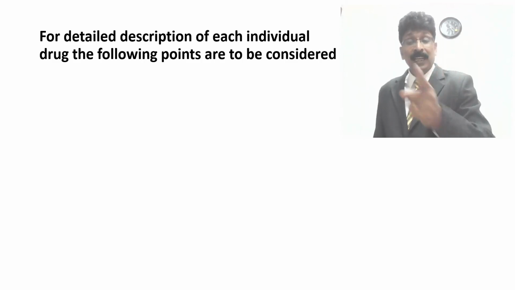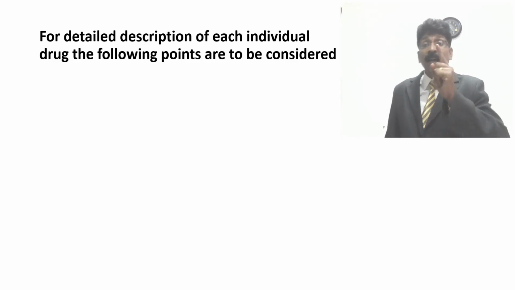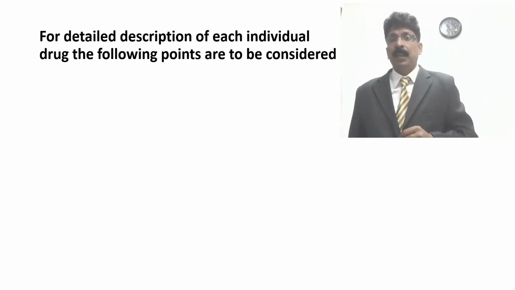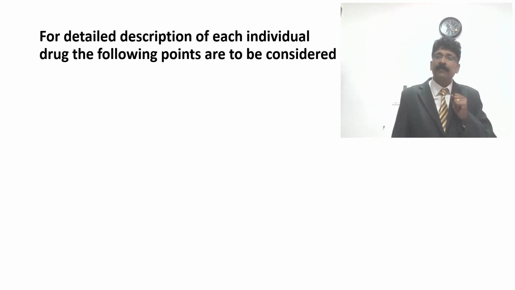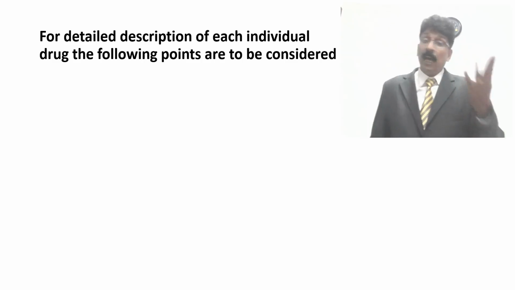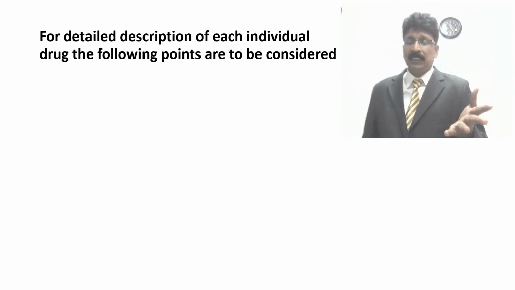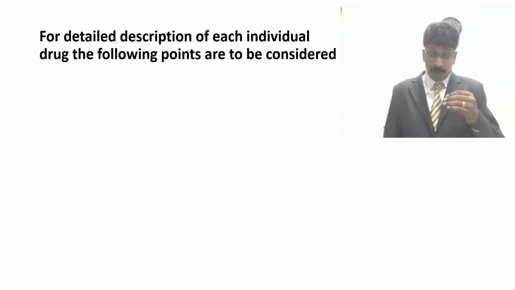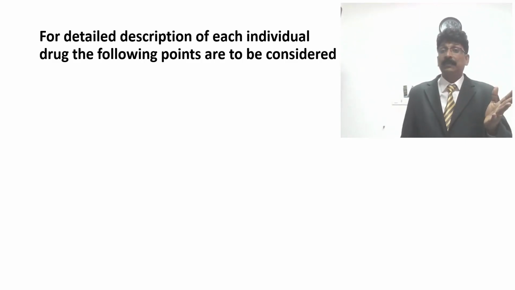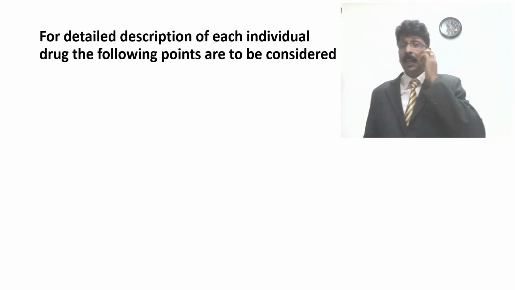In the next chapter, your teacher might teach you the classification of drugs. You might have studied alphabetical classification, taxonomical classification, chemical classification, pharmacological classification, serotaxonomy classification, and even therapeutic classification.